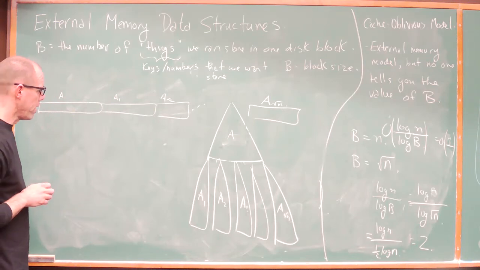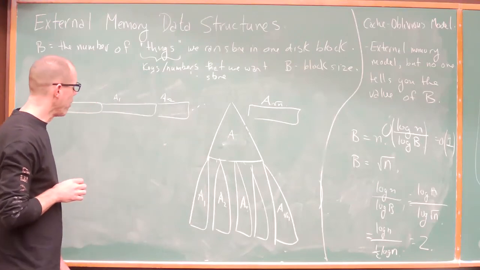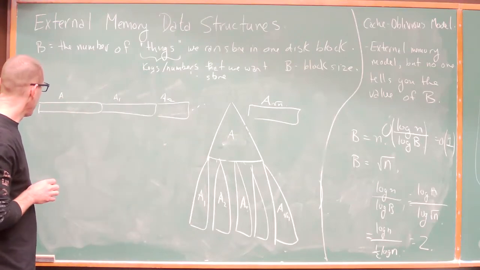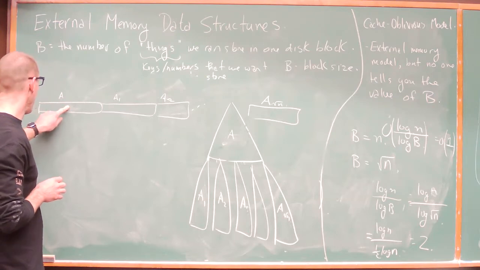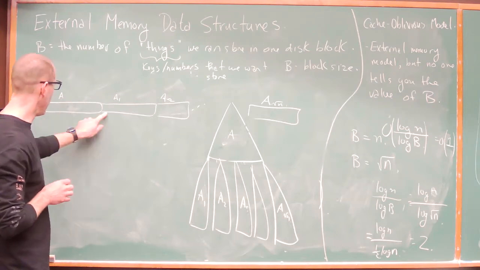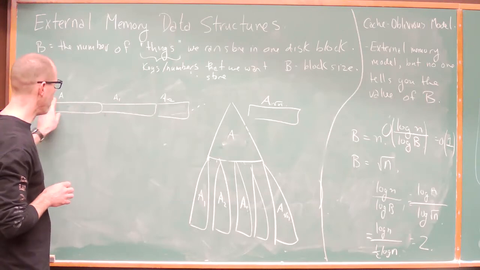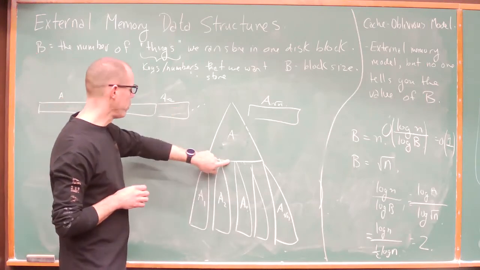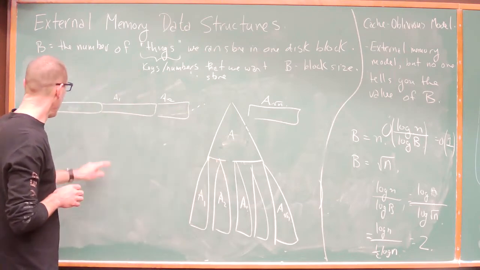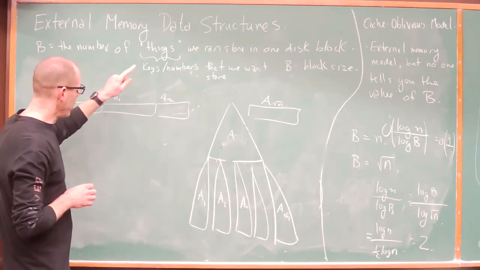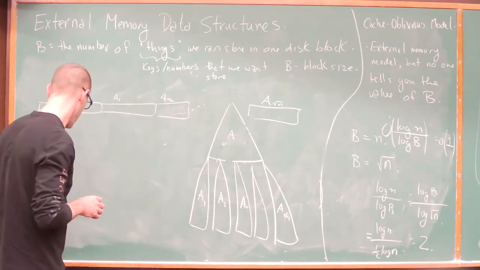And if my block size is anywhere between square root n and n, then when I look in A, I will read all of A. So if I look at even one thing in A, I'll read all of it. That'll be enough to get me through this first top half of the tree. From there, I will need to look into one of these things.